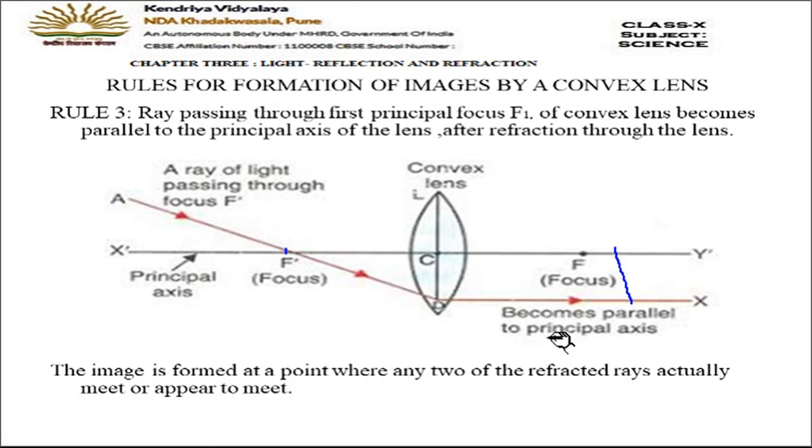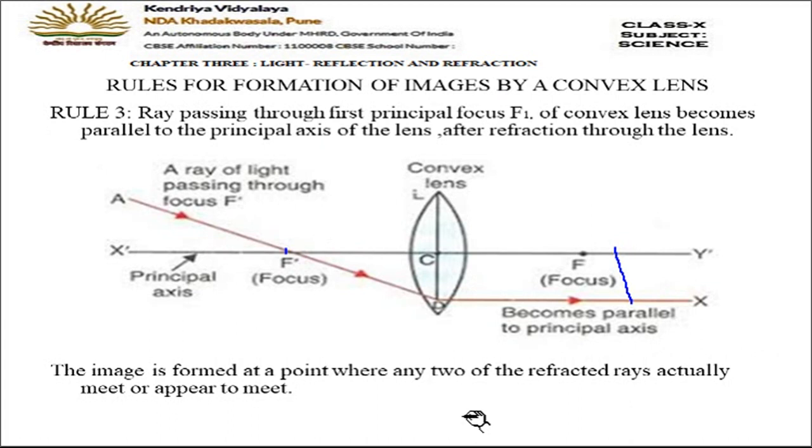This is just the opposite of rule number 1. In rule number 1, a parallel ray was coming and after refraction, it passes through the focus. But in rule number 3, a ray is passing through the focus and after refraction, it becomes parallel to the principal axis. So this is rule number 3.